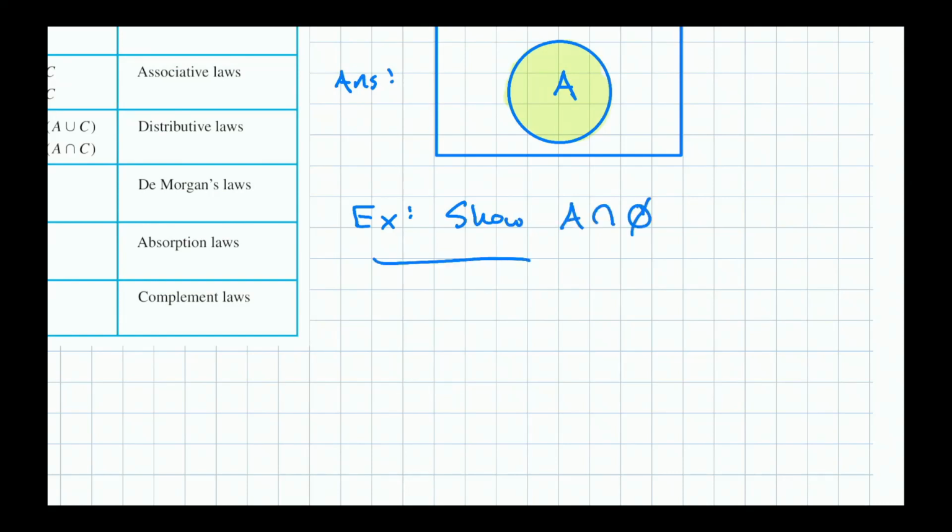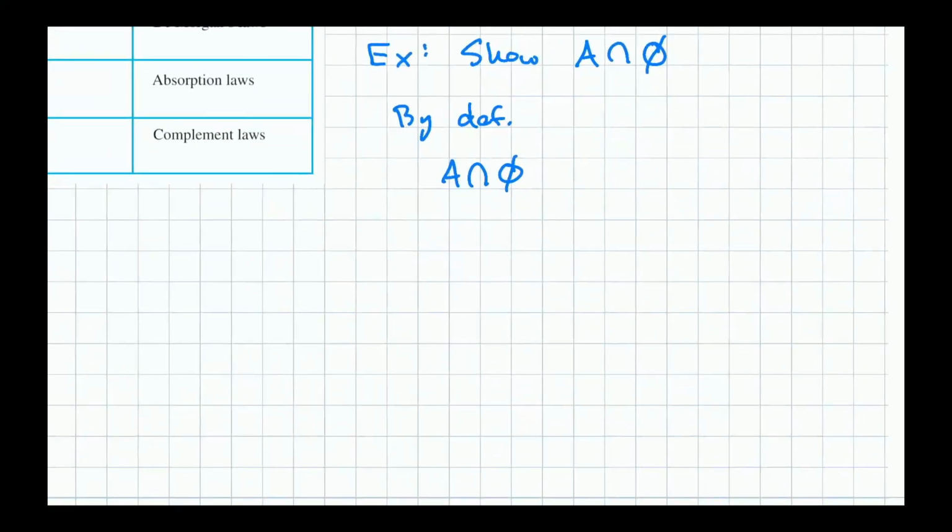So remember that what you're looking at is actually, let's just do this one without Venn diagram. Let's look at symbols, right? So by definition, A intersect the empty set is the set of all x such that x is in A and x is in the empty set, right? You have to be in both sets.